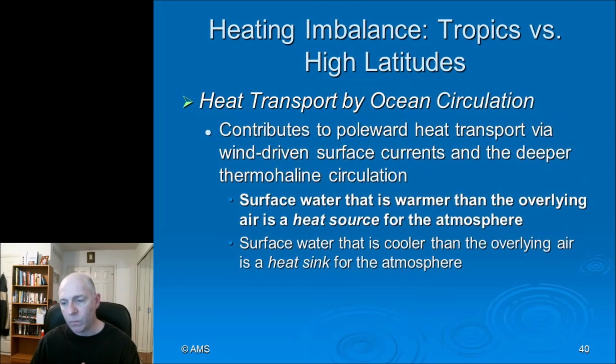The other thing, when we think about moving heat around, especially away from the tropical areas toward the middle latitudes of the Earth, we think about ocean circulation. Oceans contribute to heat transport from the warm tropics to the cooler latitudes because we've got large areas of high pressure over the oceans.